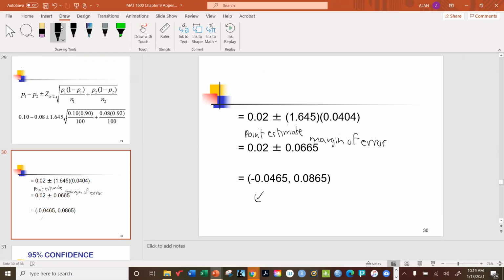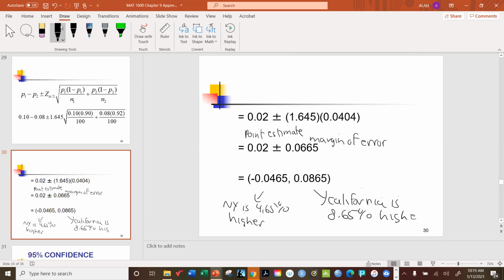So this can be interpreted as New York is 4.65% higher. And this can be interpreted to mean that California is 8.65% higher. And it could be anywhere in between.